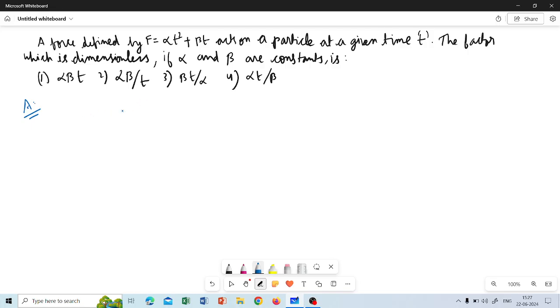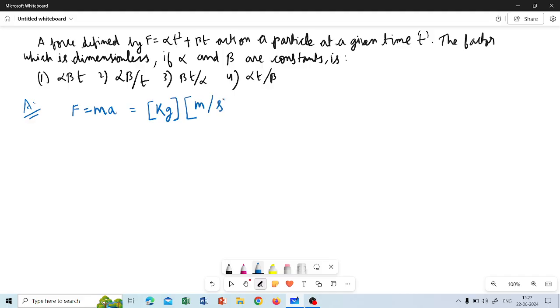Firstly, you know the units of force. Let me derive it; everyone tries to remember, but I don't like that. Force is mass into acceleration. So the units are, for mass it is kg, and for acceleration it is meter per second square, right?